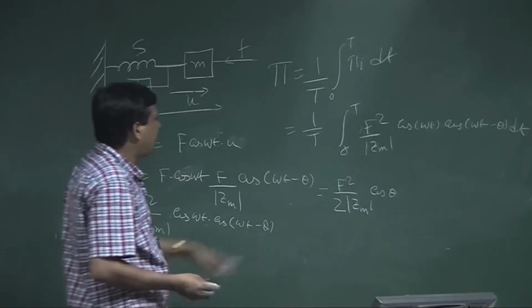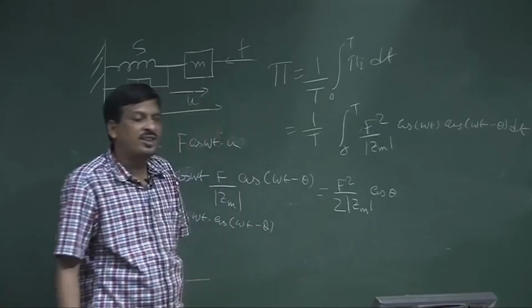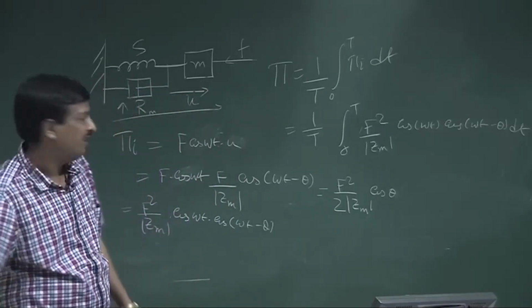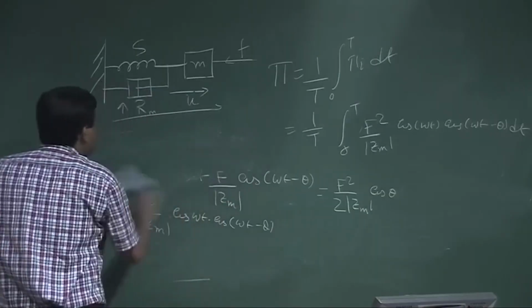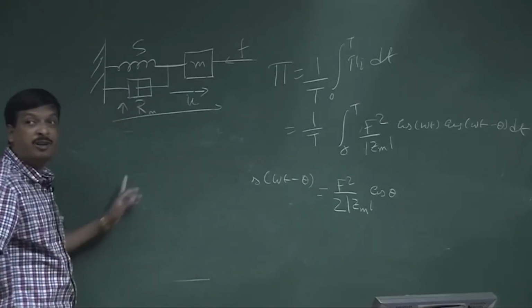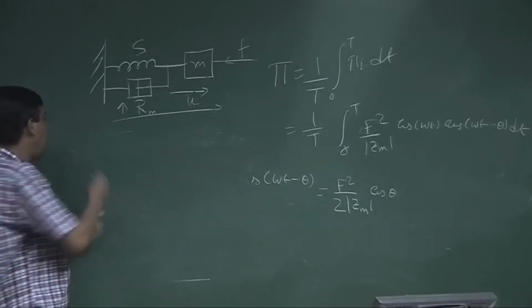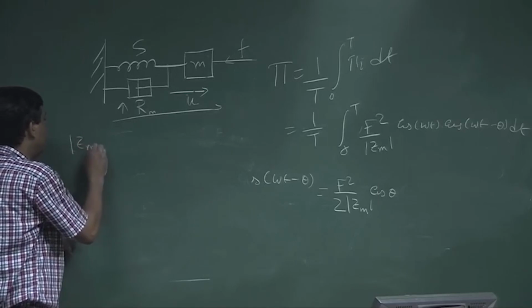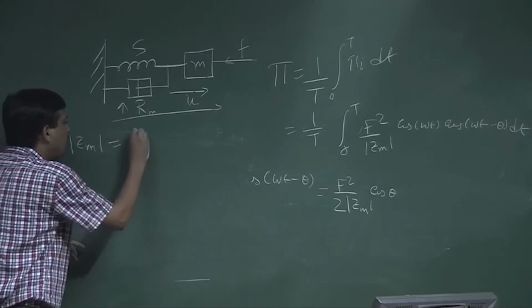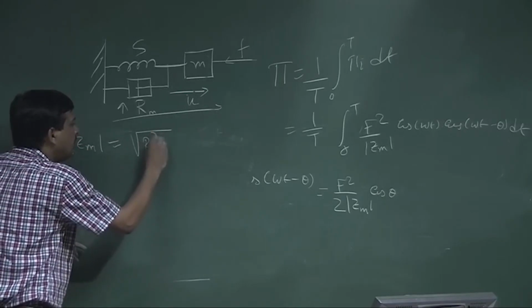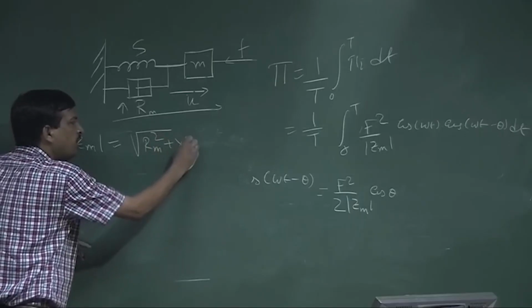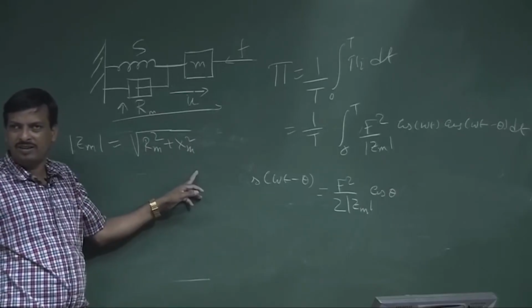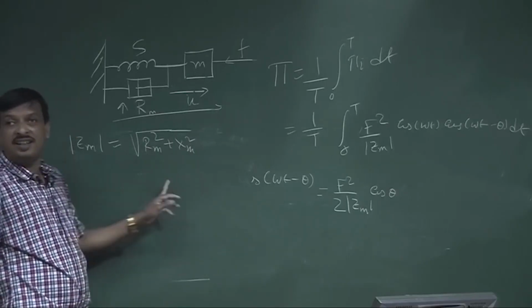Now, what is the value of cos theta? Theta is nothing but tan inverse of Xm by Rm. Mod of Zm is root over of Rm square plus Xm square, where Xm is nothing but m omega minus s by omega, and theta is tan inverse of that.